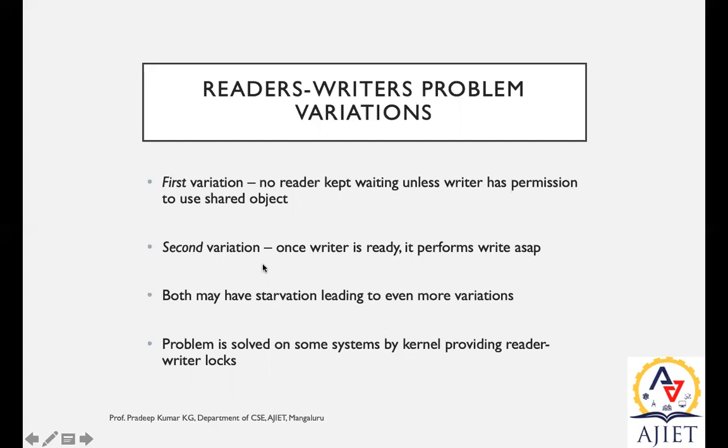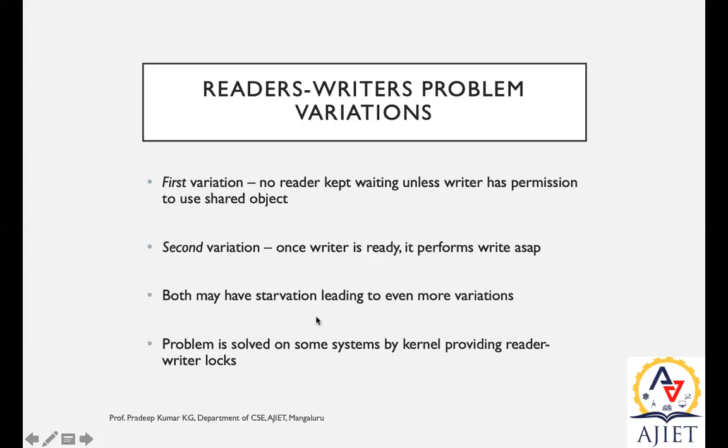The second variation is that once the writer is ready, it performs the write as early as possible. When semaphore write has the value 1, the writer's job is to write as early as possible. But over here, it may encounter starvation.